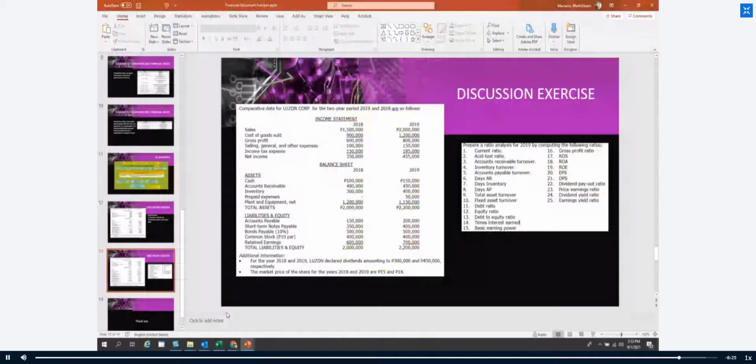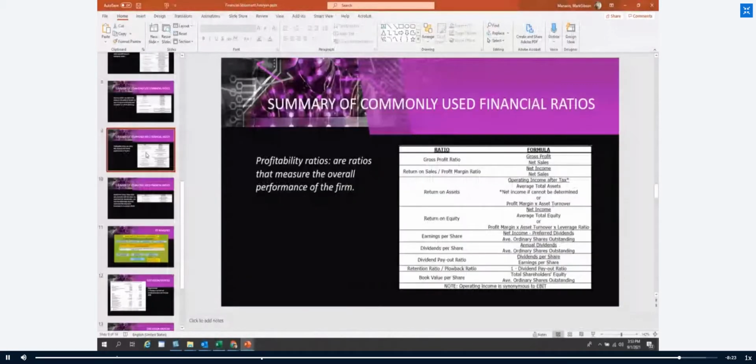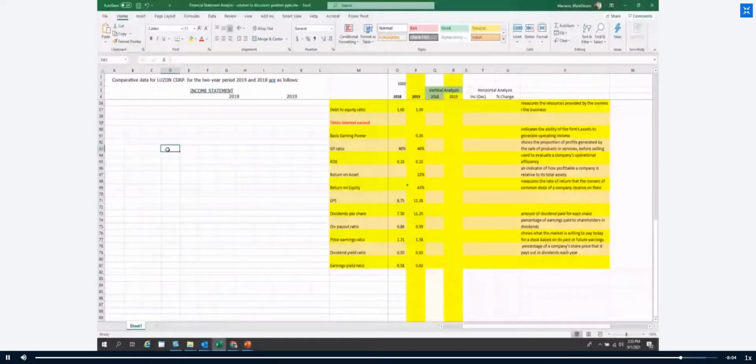For earnings per share, it's the net income minus the preferred dividend divided by the average ordinary shares outstanding. Okay, take note of that. Probably I can just get it and place it here.